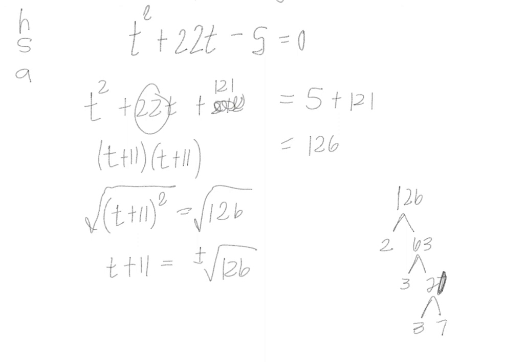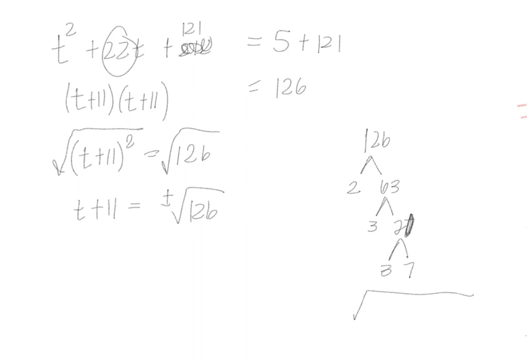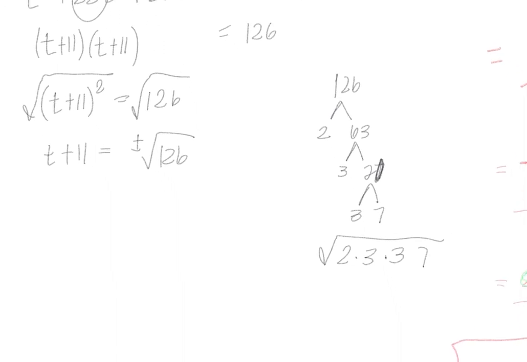So the square root of 126 can be written as 2 times 3 times 3 times 7, which is 3 square roots of what's left. When you bring the 2 3's out, the group of 3 out one time, you're left with 2 times 7, which is 14.